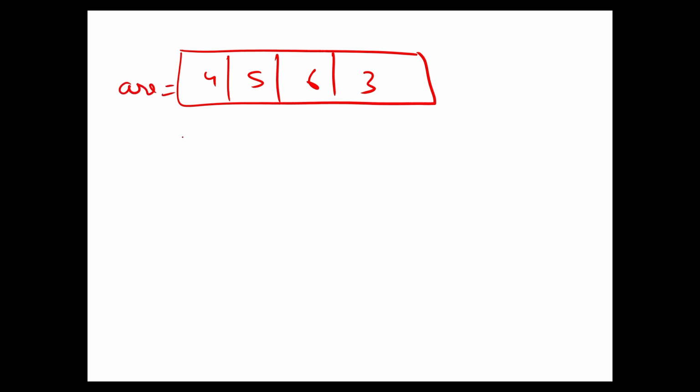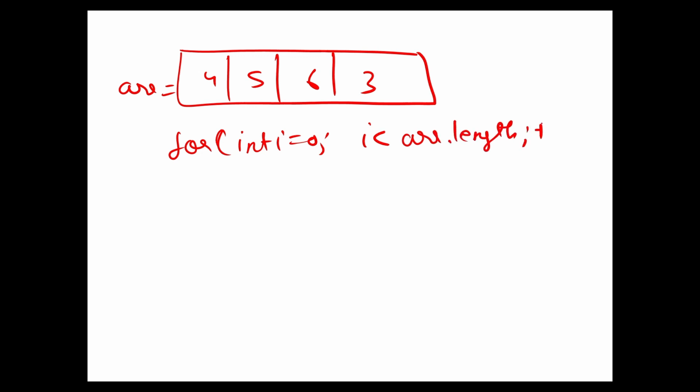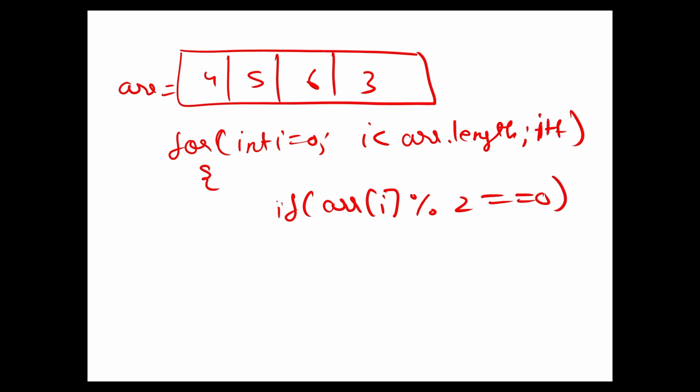Now you will traverse through this entire array from int i equal to 0, i less than arr.length, i plus plus, and then you will check if arr[i] modulus 2 equal to 0, because if a number is divided by 2 and the remainder is 0, then it is even.